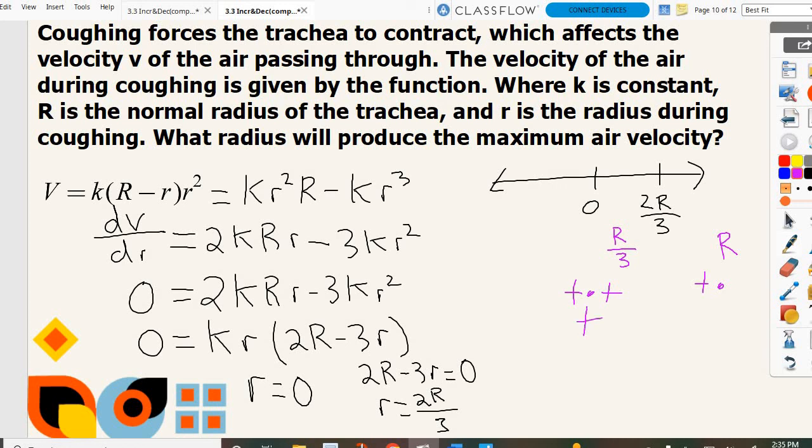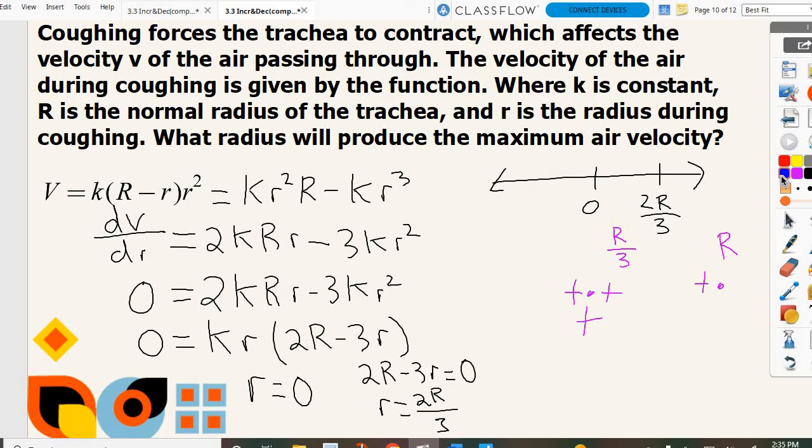Again, we're trying to make our sign chart, so I am plugging my test point back into my derivative. I'm using my factored derivative because it makes my life a little bit easier. If I plug in r divided by 3 into my little r here, k, which is a constant, times something that's positive is going to give me a positive.